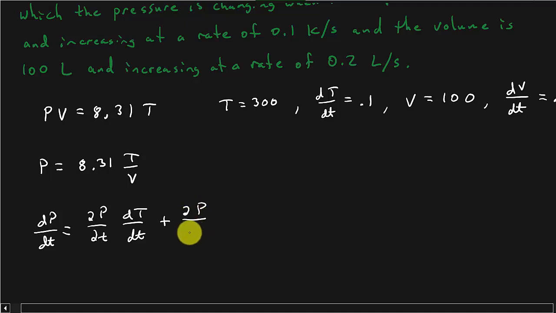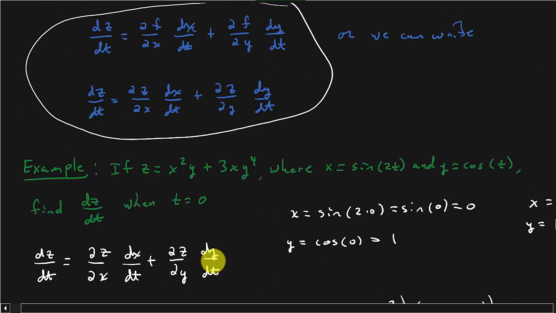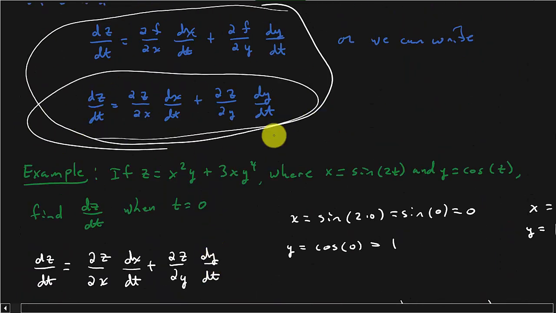Capital P with respect to what? V. And this right here should be a capital T. I don't know why I put a lowercase t. Times the derivative of what? V with respect to t. And all I did is I used this up here. That's all I did.